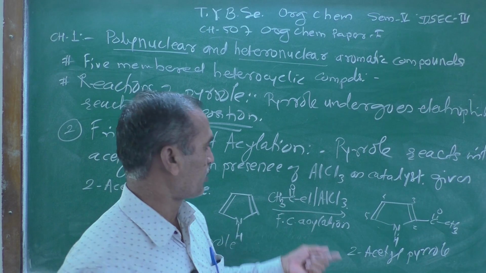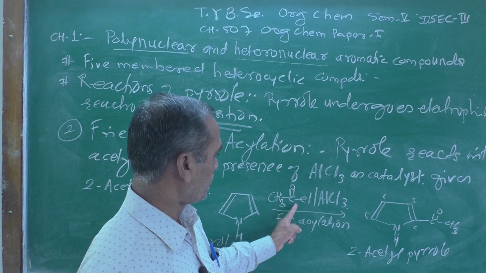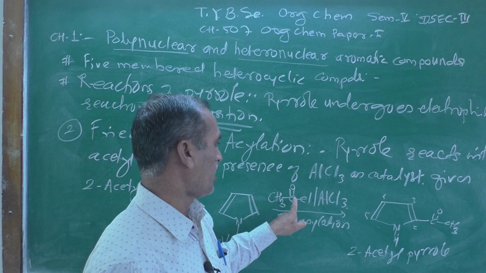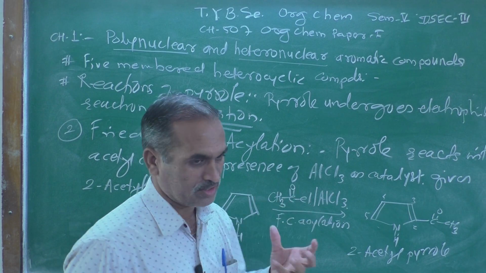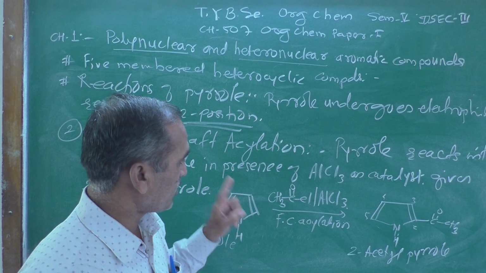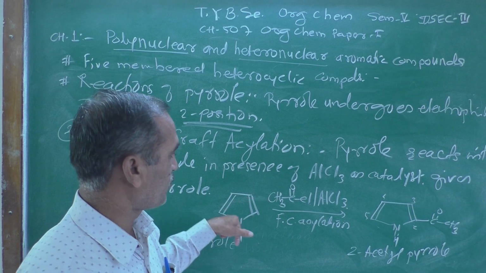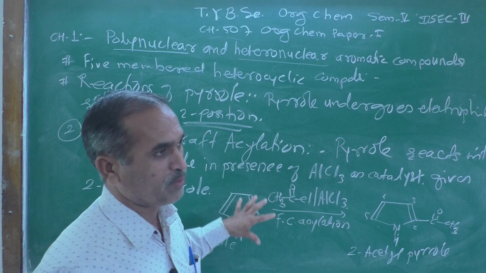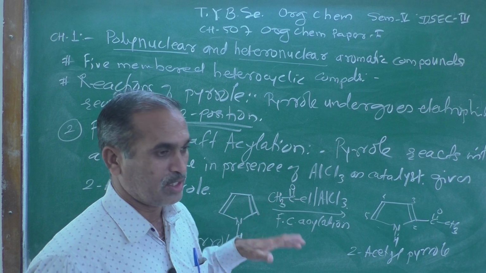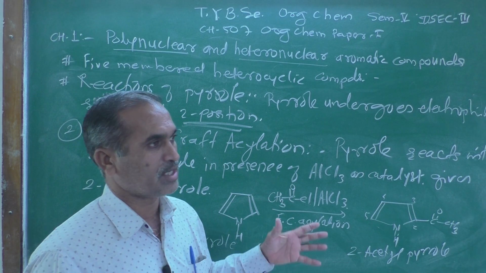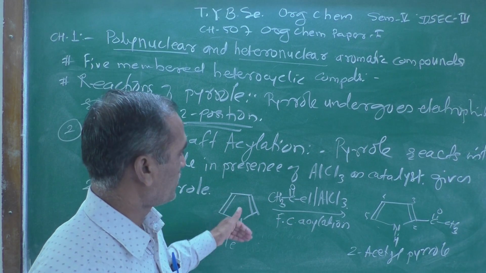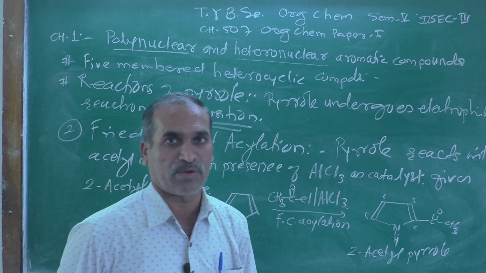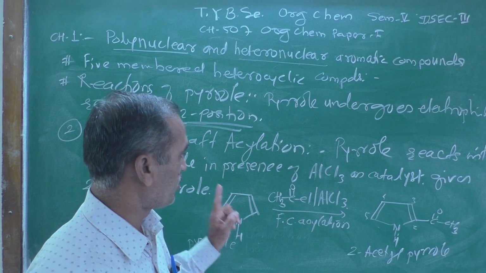It generates the electrophile, meaning here the AlCl4 minus Lewis base is formed, and an electrophile is generated, that is an acylium ion, and that acylium ion acts as an electrophile, and this, as we know, 5-membered ring is nucleophilic in nature. Due to the electrostatic force of attraction between nucleophile and electrophile, a new bond, a carbon-carbon bond, is formed.